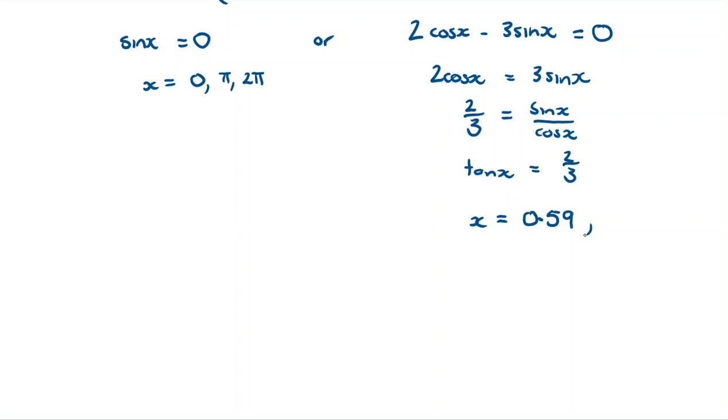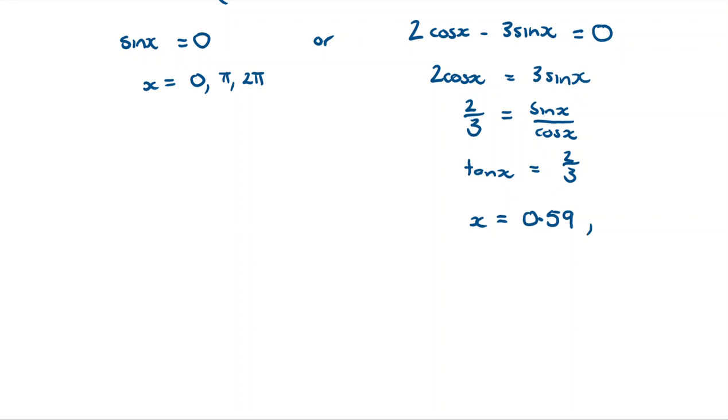There would be another solution in which quadrant? No, it's only positive tan. Where is tan positive? First and third. So to get the other solution, what should I do? It's not 180 plus, it's already in radians. Pi will be fine, but yes.